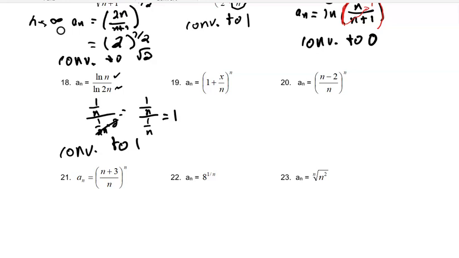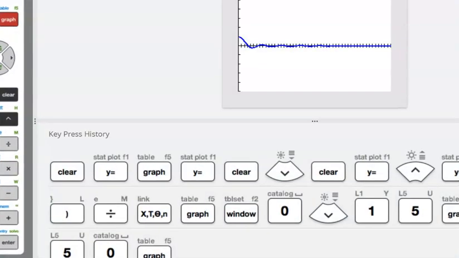But if you look at number 19, what I'm going to have you do is first graph, how do we want to do this? Graph on the calculator. We're going to graph this as if it is a 1. So we're going to say this is 1 plus 1 over n, raised to the nth power. Okay, so let me go to our calculator.